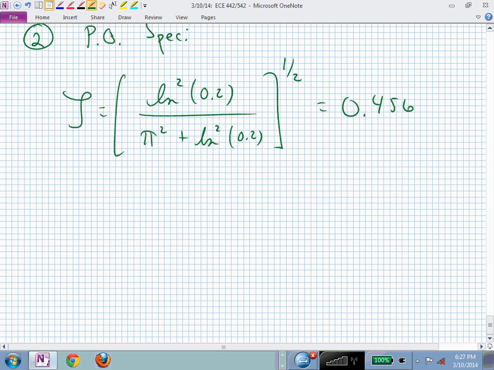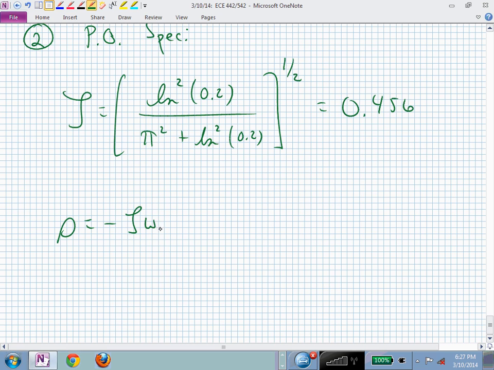But maybe it's easier with our drafting tools to just get an angle with this and our radius that we've just calculated. Because we know zeta is 0.456, and we know how far away we are in terms of radius, we could find the angle associated with this zeta and the R value, and not have to try to draw that curve with the zeta value of 0.456.